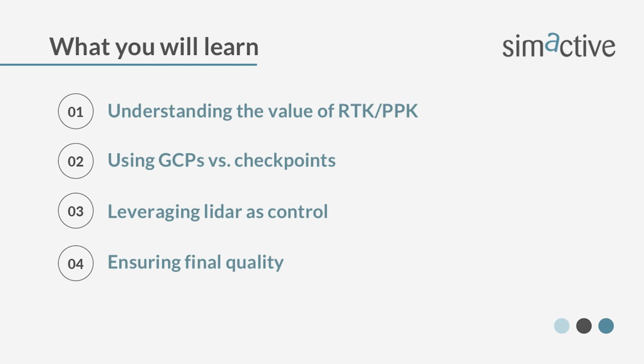Leveraging lidar as a control layer, and finally, ensuring final quality and validation. And David, of course, will be coming back to your hands-on experiences with clients throughout the session, like you just explained throughout your roles. So let's begin.